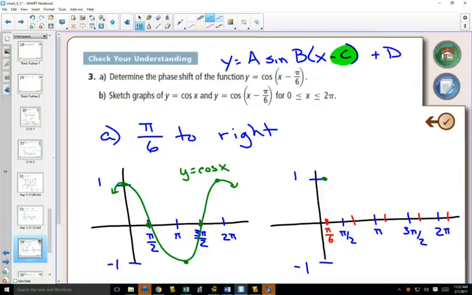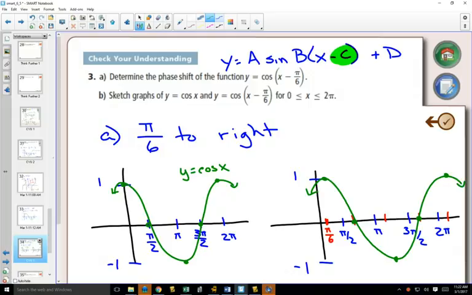And so I'm going to go maximum to center line, down to minimum, to center line, and then back to maximum. And so our graph has been shifted pi over 6 to the right.